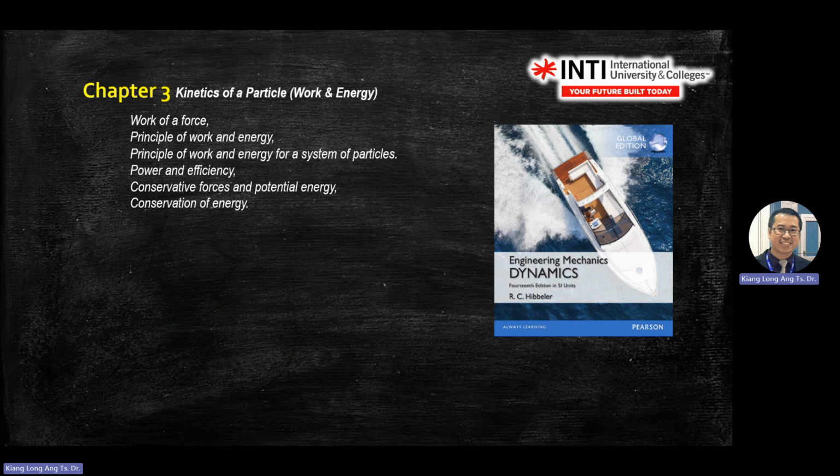Work is the product of force multiplied by the distance it travels. Force and distance, these two must be parallel. The force vector and the distance traveled must be parallel.